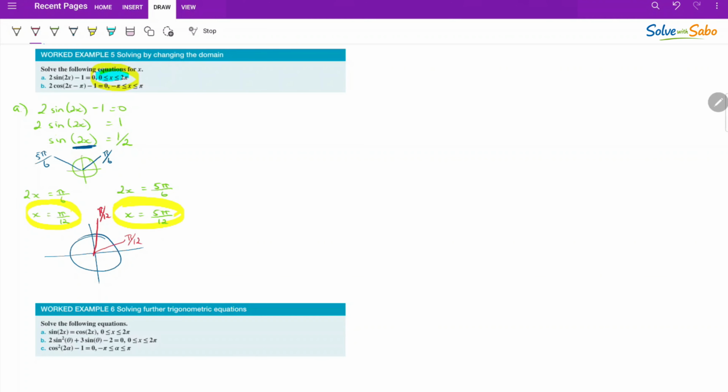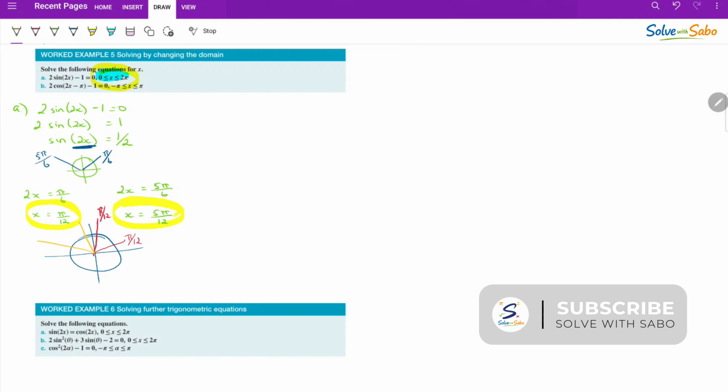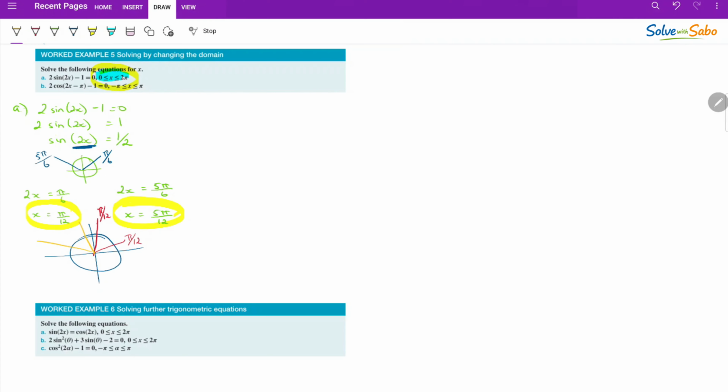If we think about that, there's probably another 2 solutions, something over here and something over here. So we've got 2 solutions, but there's probably 4 solutions. One way to go about this is to think about the orientation like we just did on the unit circle and have a bit of an estimate about where we think these values would be.